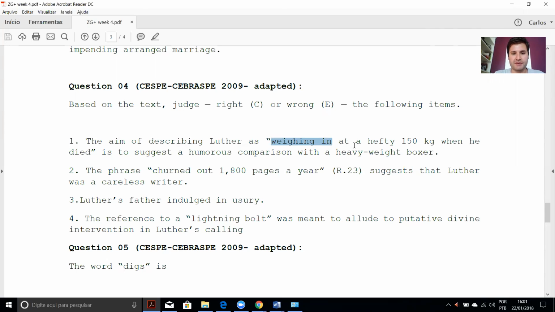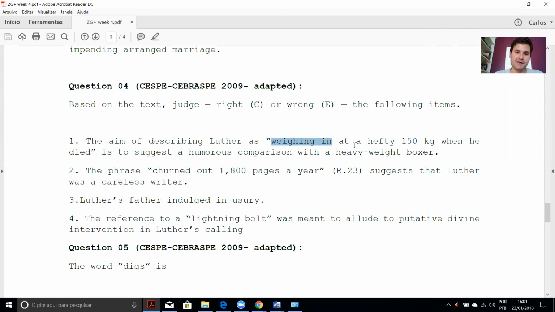Martin Luther. A hefty means a fair amount of weight. So he was very heavy at 150. It was very hefty. And he weighed 150 kilograms.